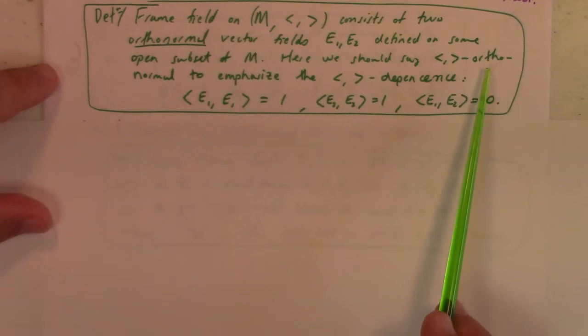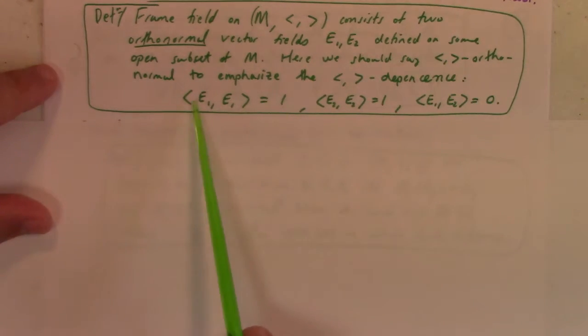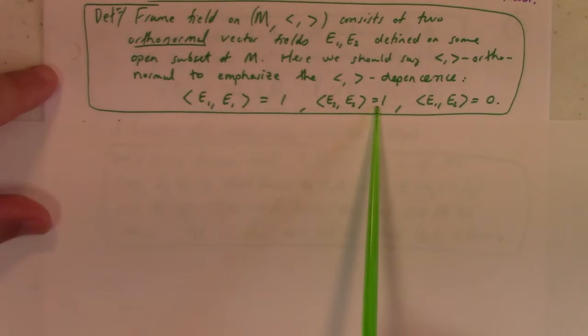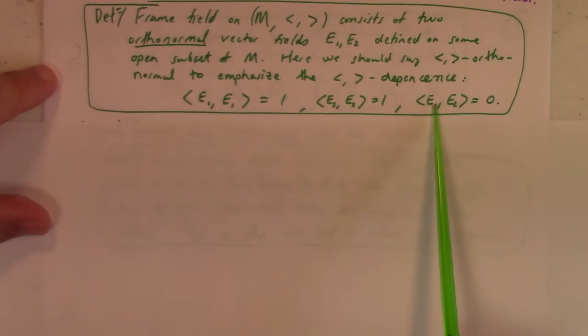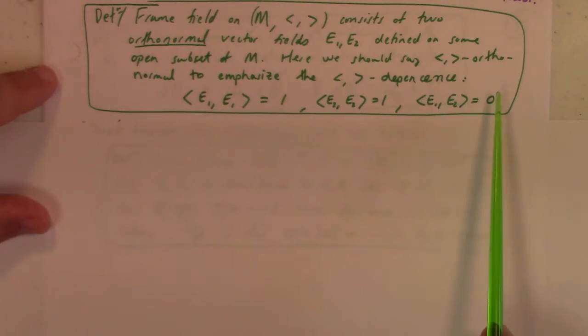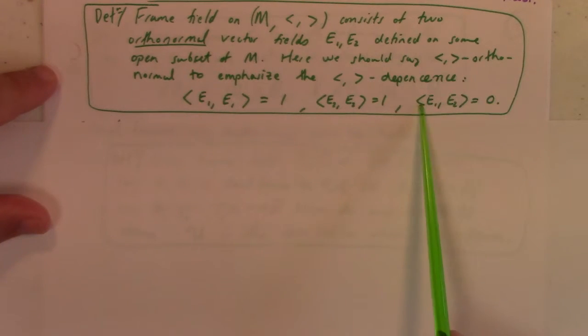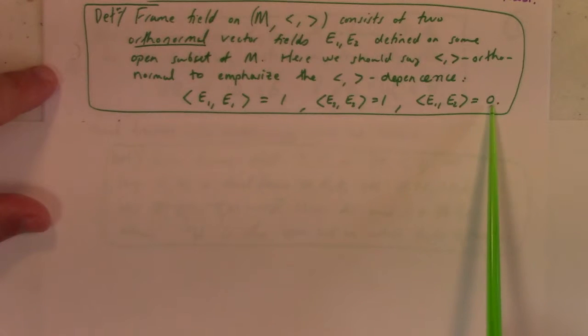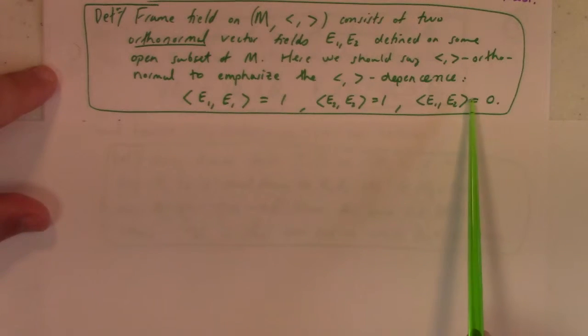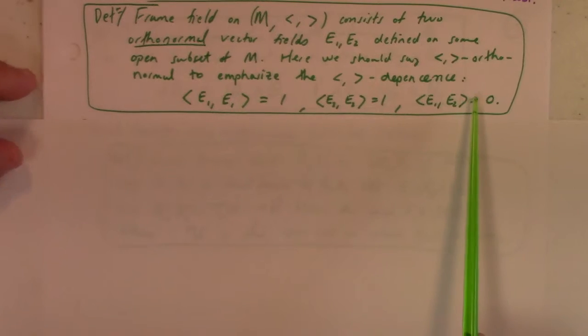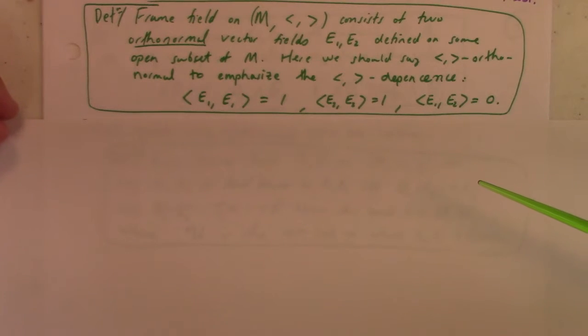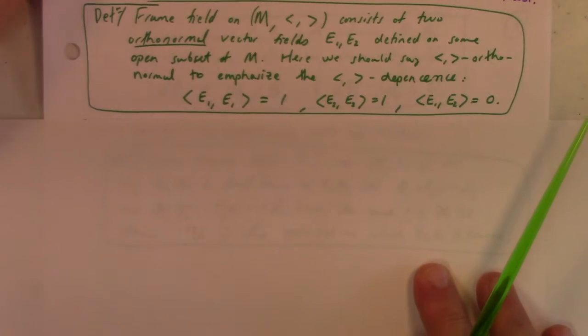So the orthonormal frame fields still have the metric of E1 and E1 is 1, the metric of E2 and E2 is 1, the metric tensor acting on E1, E2 is 0, so they're orthogonal. They're metric orthogonal. If the metric was G, I would say they're G orthonormal. If I have two different metrics on a space, they don't necessarily describe the same geometric surface. The same point set with different choices of metric are actually different geometric surfaces in general.